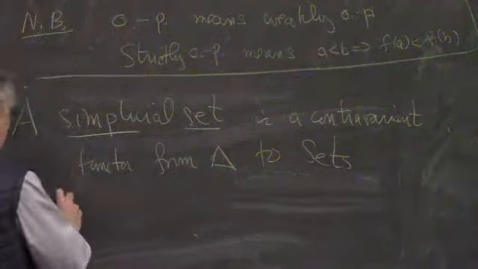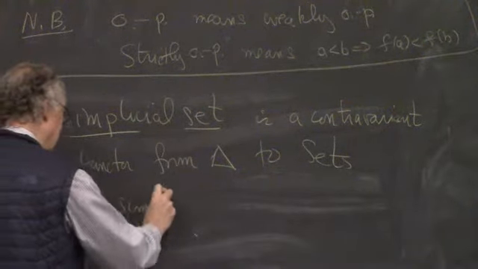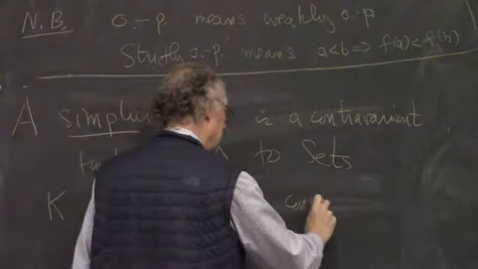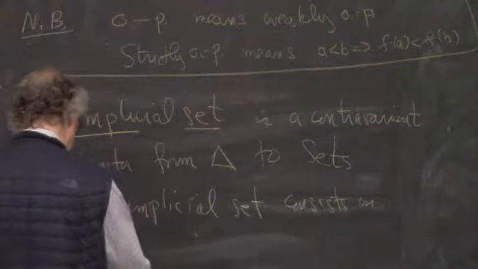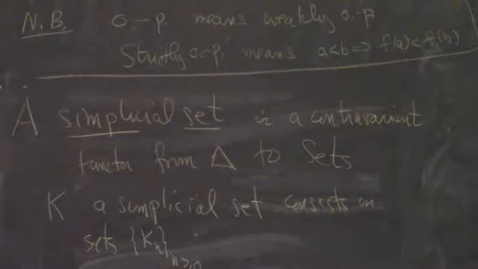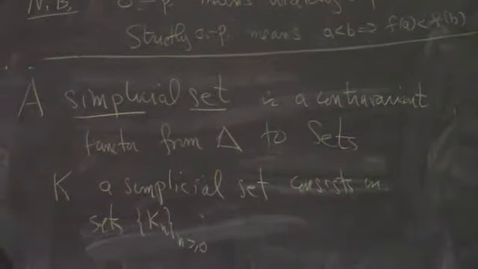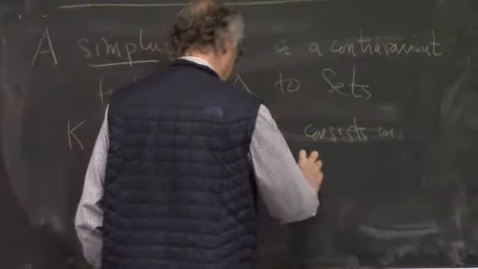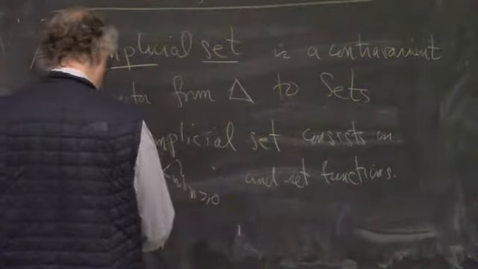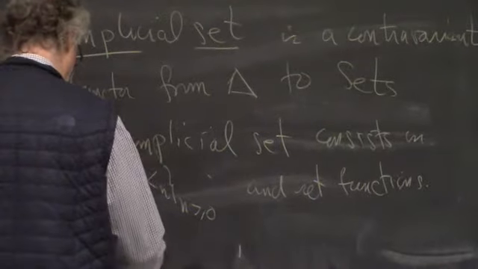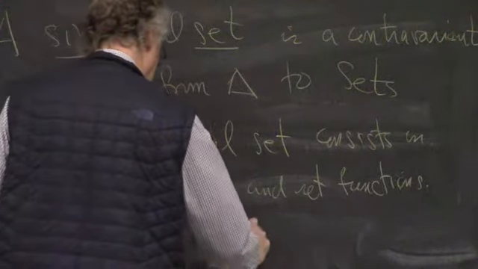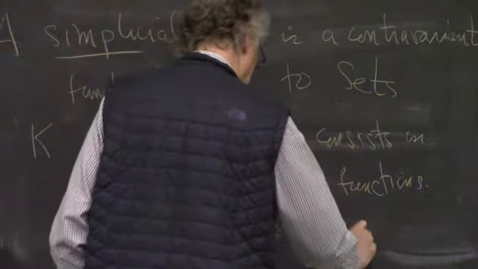In terms, a simplicial set K consists of, first of all, sets K_n indexed by the positive integers, and set functions from K_m to K_n for each order preserving map.